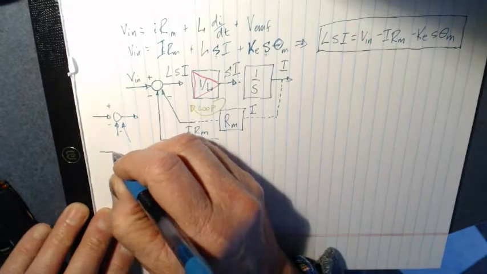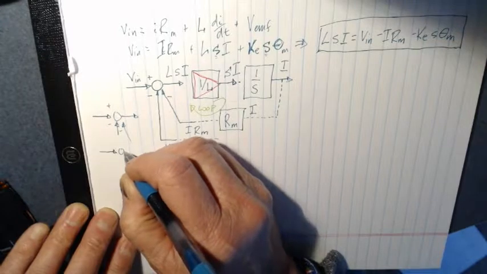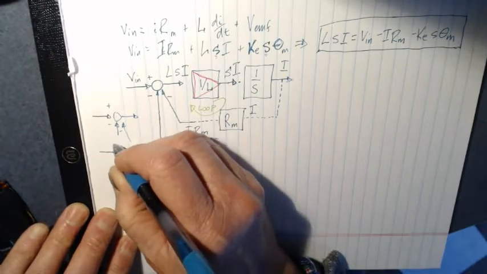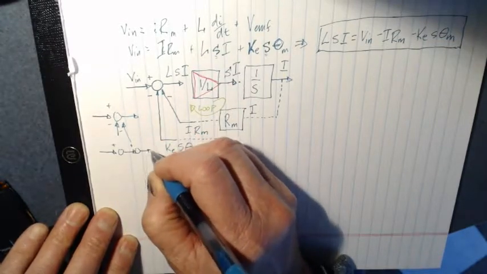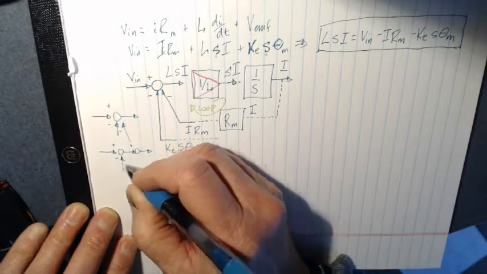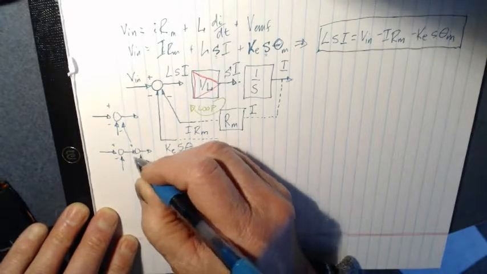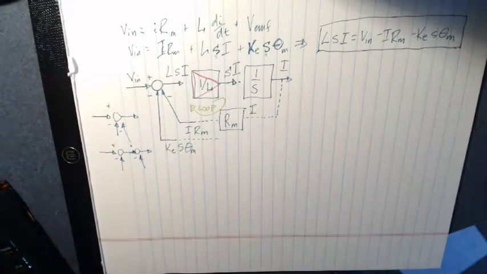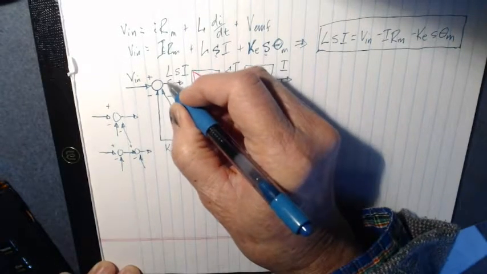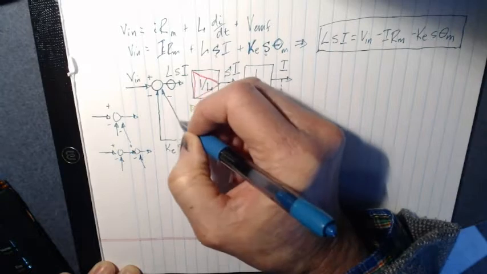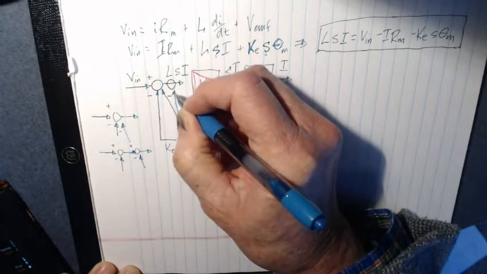So here's an equivalent way of writing that. I can put two sums, plus, plus, and the output, and then I can put the minus there and the other minus there. So those are the same things. And in my mind, when I saw the loop, I kind of already did that.